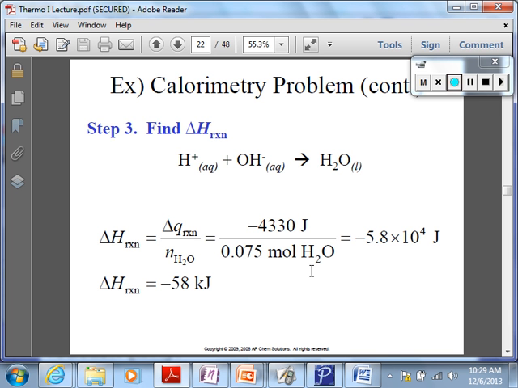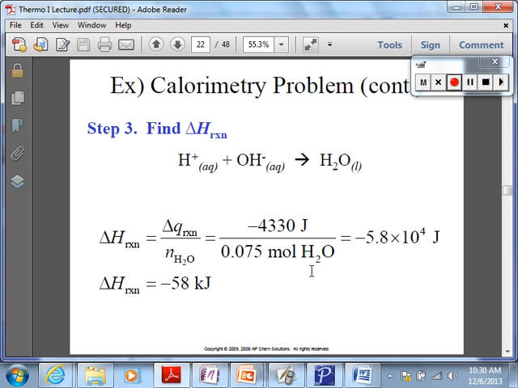Okay, and when you divide, you should get negative 57,733. Okay, and that's joules.